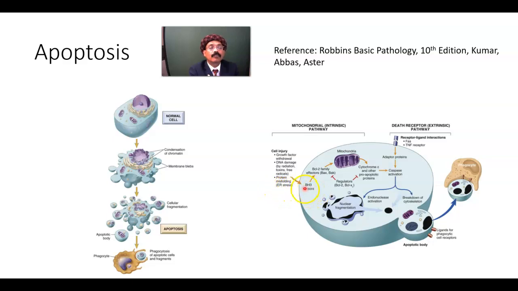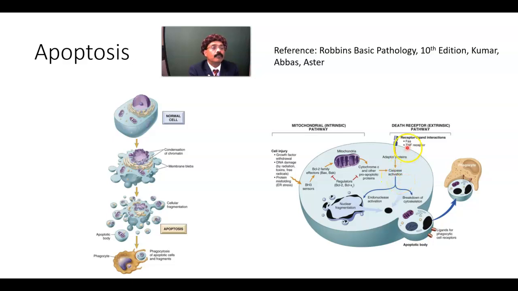There will be BH3 sensors inside the cell that work on BAX and BAK proteins, which release the cytochrome. These are regulated by BCL2 and BCLX; these are blocked, and those are stimulated. So there will be release of cytochrome c, which leads to caspase activation.